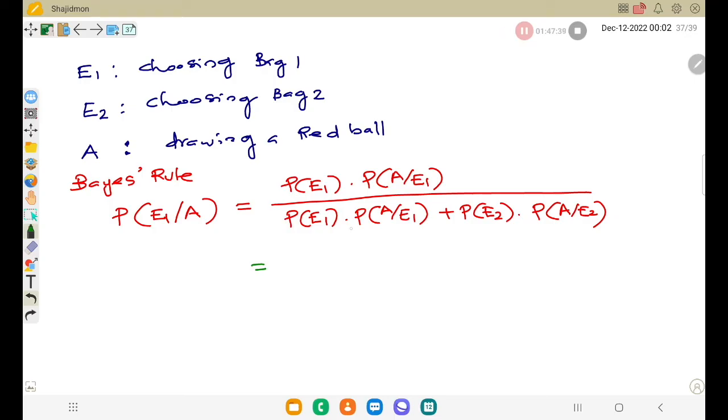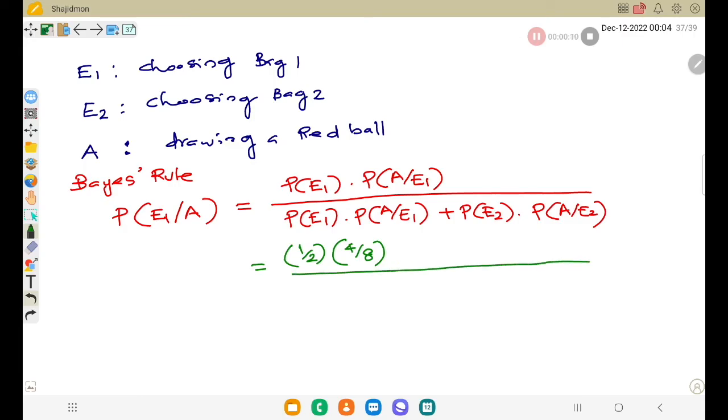So probability of E1 is 1 over 2, probability of A given E1 is 4 by 8, divided by: probability of E1, 1 over 2, multiplied by probability of A given E1, 4 divided by 8, plus probability of E2, 1 over 2, multiplied by probability of A given E2, 2 over 8, correct?